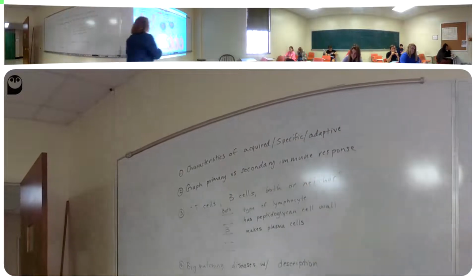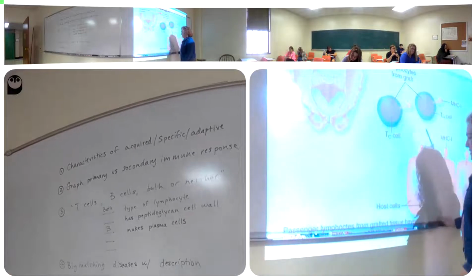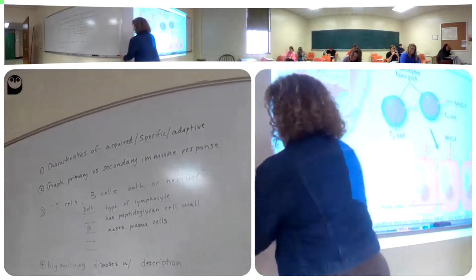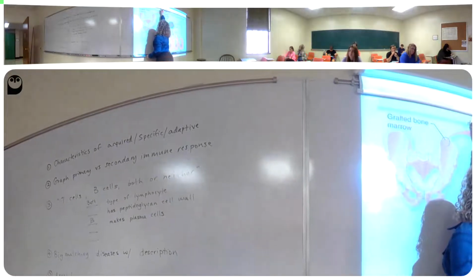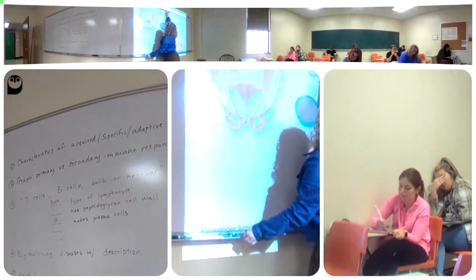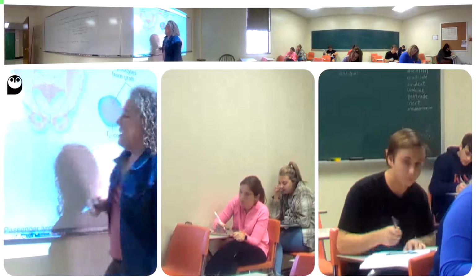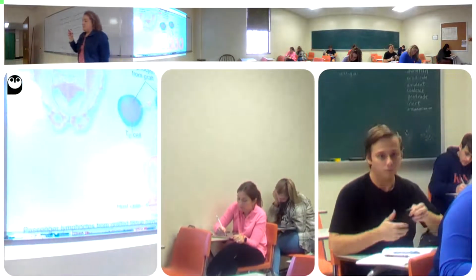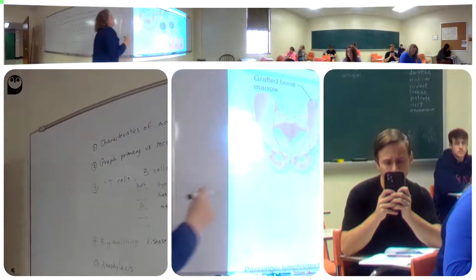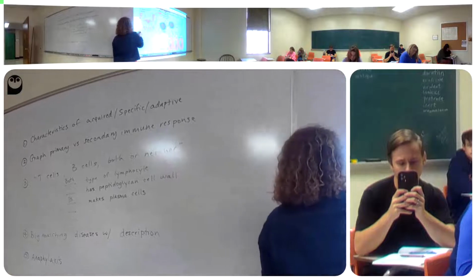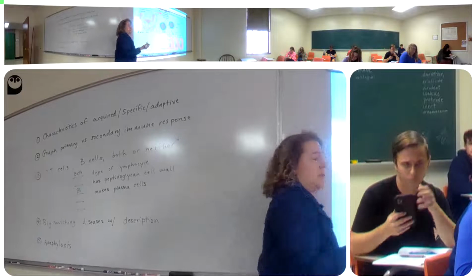The other one is graft versus host. You might think that's weird. So in this one, the donor attacks the recipient. And this can only happen when the donated tissue contains immune cells, which is basically when you're giving someone blood or bone marrow.